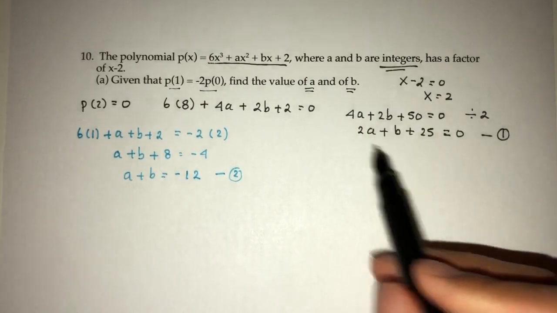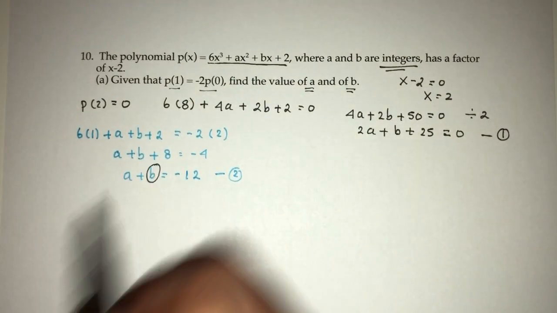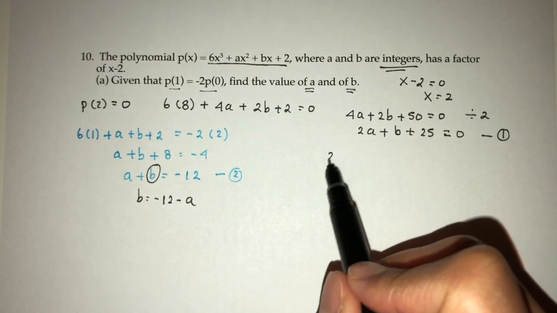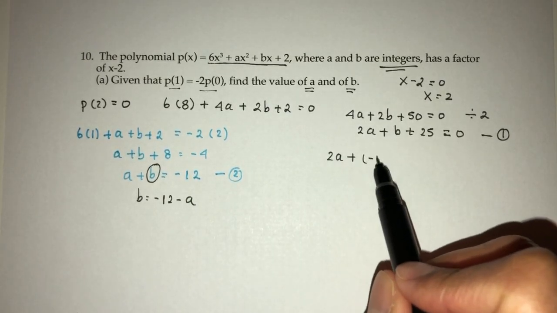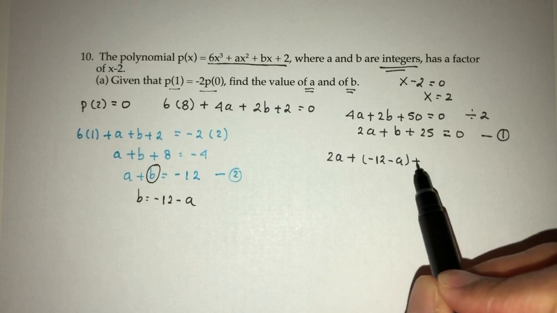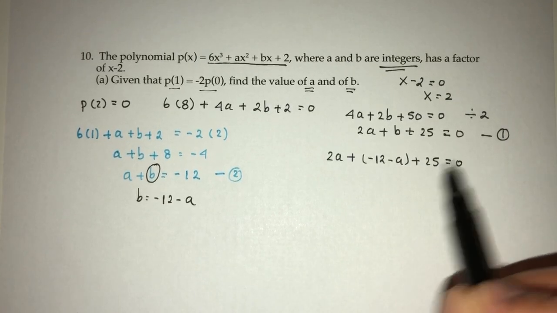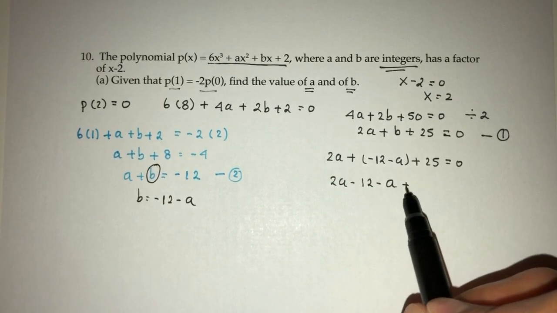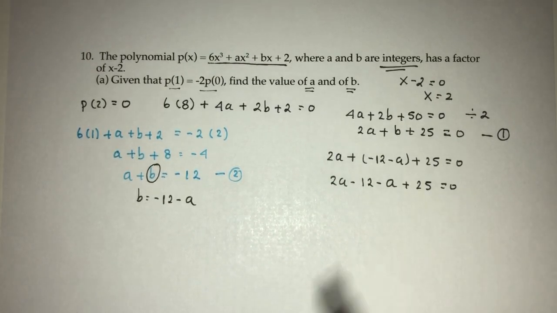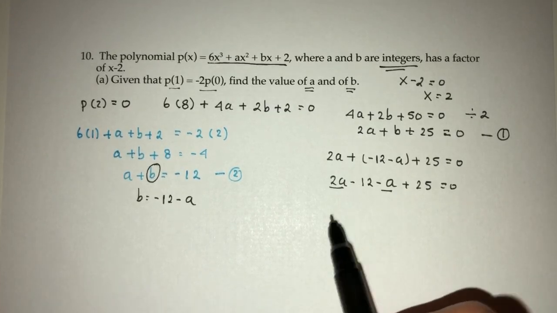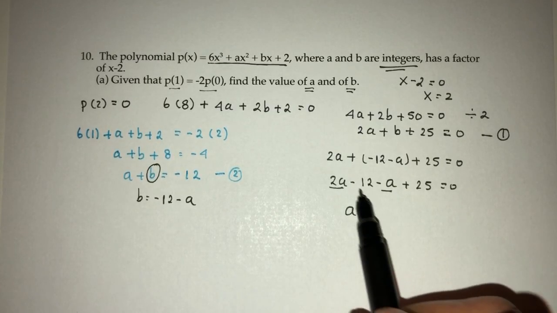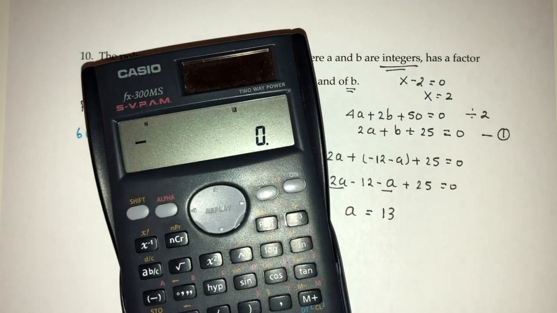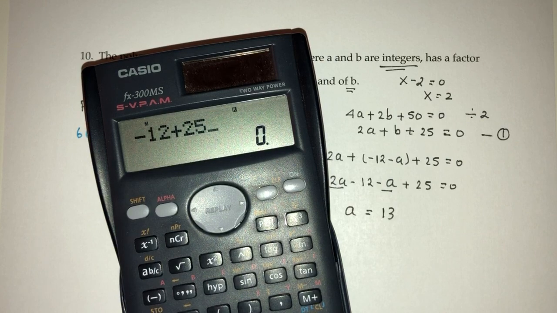Now we can solve the simultaneous equations. So here let's make b the subject. B will be minus 12 minus a. Here we have 2a plus b, which will be minus 12 minus a, plus 25 equal to 0. So 2a minus a becomes a, and then we have minus 12 plus 25, which is 13.